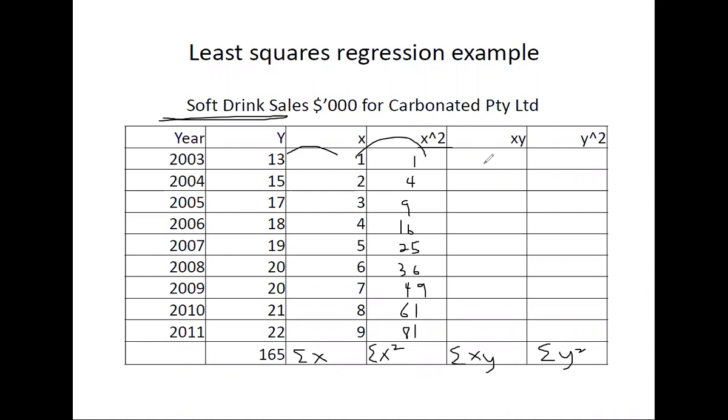So that will be 13, 30, and so on: 51, 72, 95, 120, 140. Then you sum them up. Then we also have Y squared. Square the values of Y also, and then sum them up.